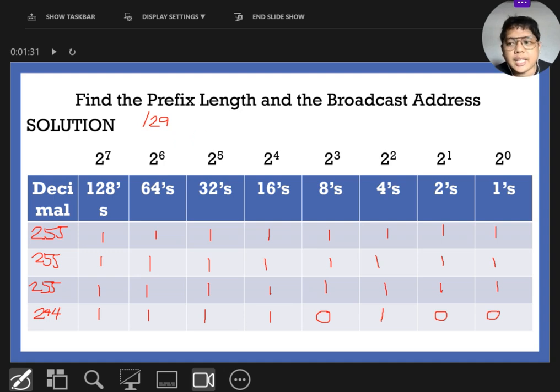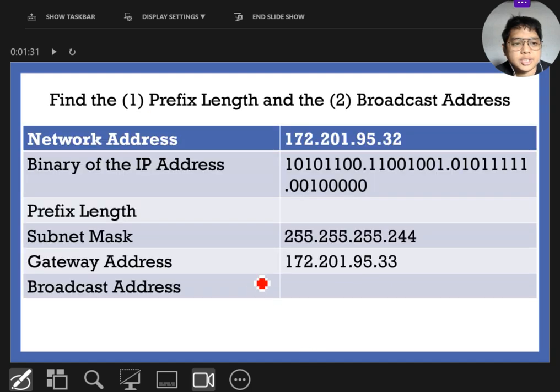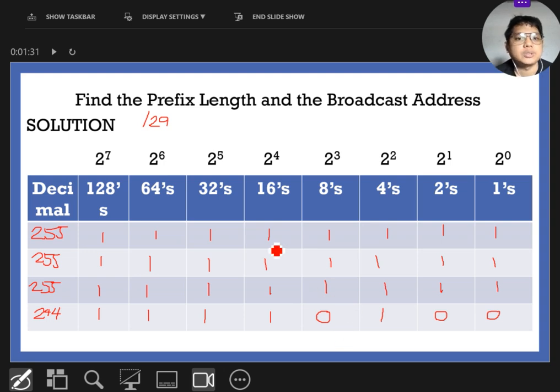Now let us find the broadcast address. To solve for the broadcast address, we just need to subtract our subnet mask from the maximum subnet mask, the maximum host portion. So 255 minus 255, 255 minus 255, 255 minus 255, 255 minus 244.